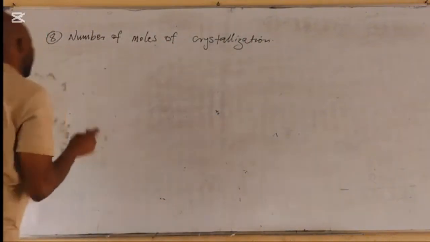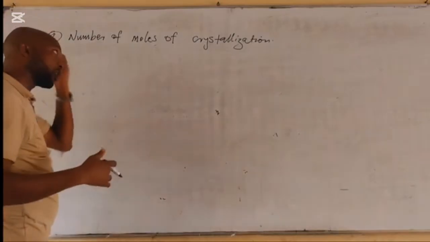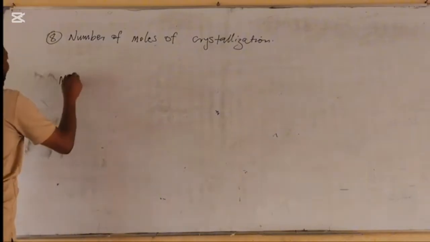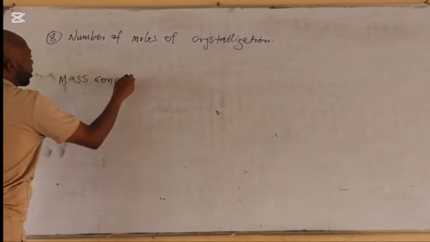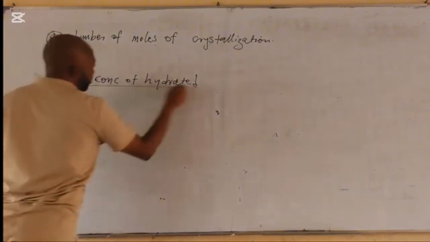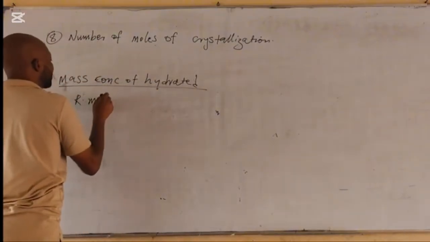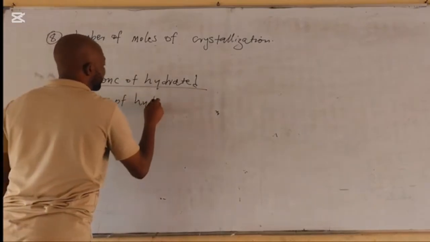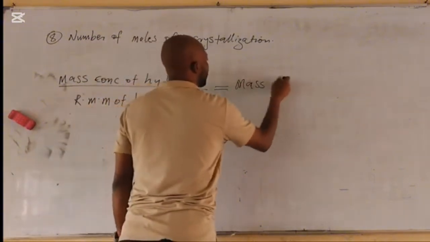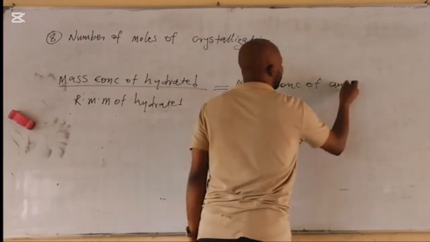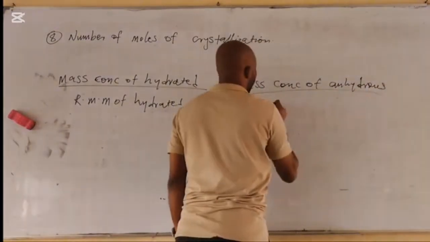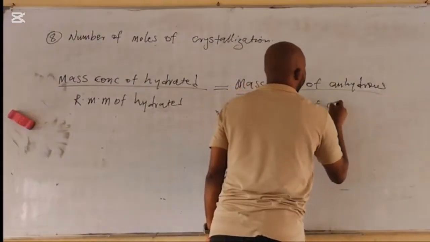Number of moles of water of crystallization. So for us to be able to get the number of moles of water of crystallization, we say the mass concentration of the hydrated salt or hydrated substance over the relative molecular mass of the hydrated salt is equals to the mass concentration of anhydrous over relative molecular mass of the anhydrous.